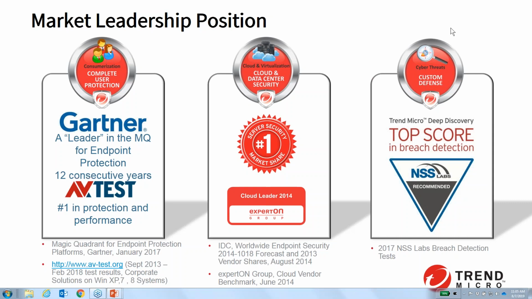So any of you out there using Azure or AWS or Google Cloud, in any of those cloud platforms, we actually secure many of those environments as well. And then on the networking side, Trend Micro has been recognized by NSS Labs as the top score in terms of breach detection across the different types of customer environments. So this is just a little bit of information about who we are. Thank you.